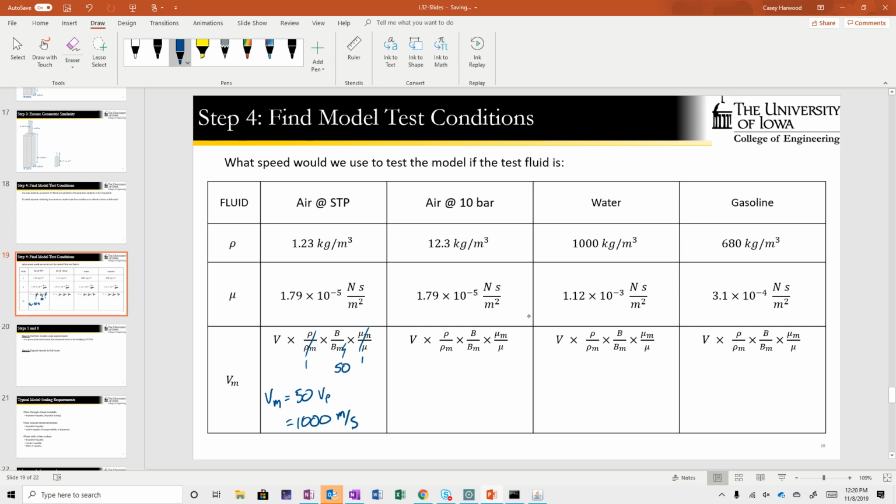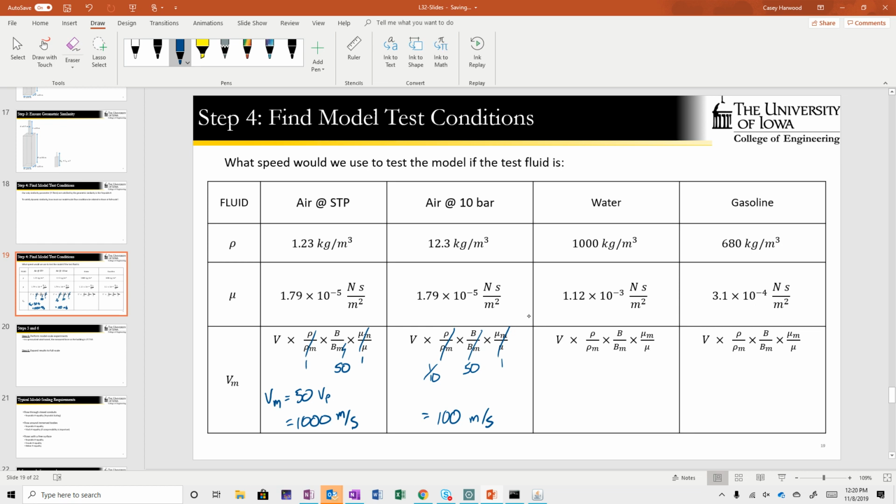We're in a hypersonic flow at that point. Totally unrealistic. If we pressurize the air to 10 bar, it goes to 1 over 10, this goes to 50, this remains at 1. Now we're at 100 meters per second. Much more realistic. This is something you can actually achieve in a modern wind tunnel.